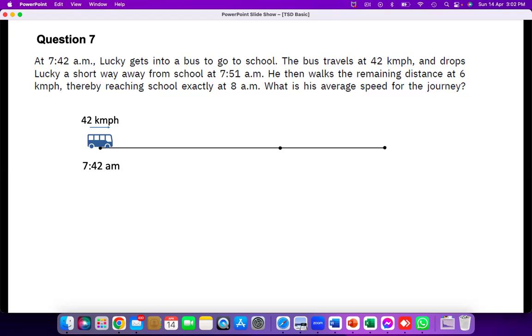He then walks the remaining distance at 6 kilometer per hour, thereby reaching school exactly at 8 a.m. What is his average speed for the journey? Can you do that?